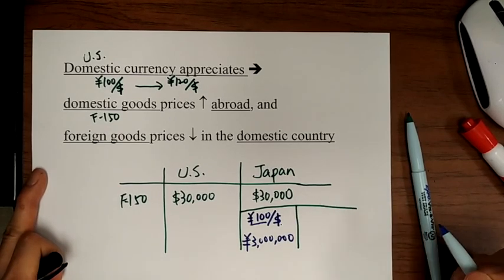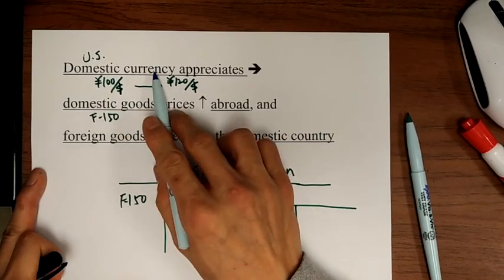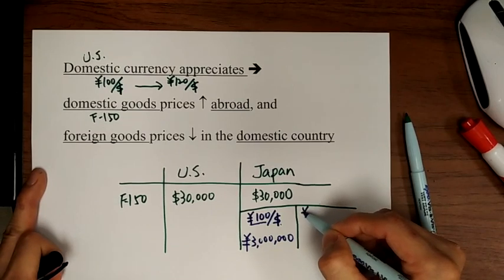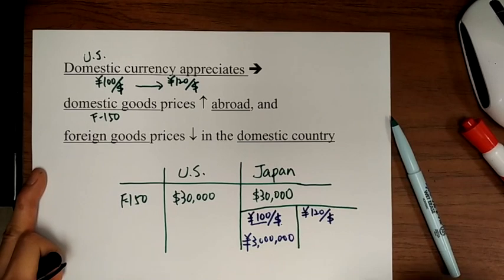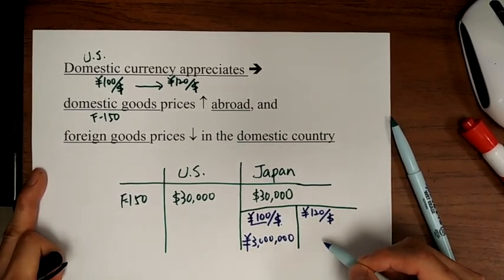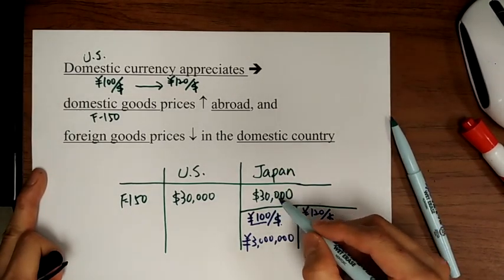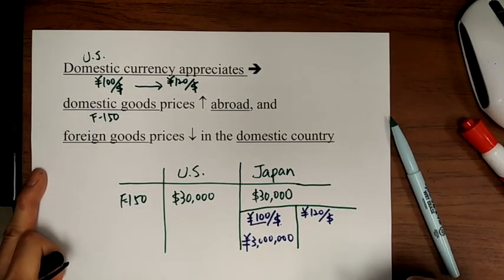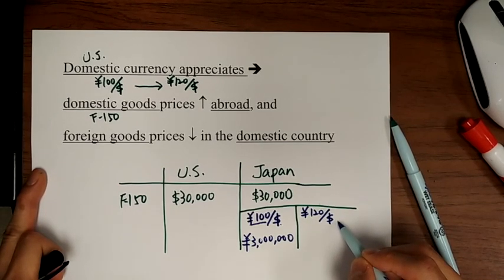But now, if exchange rate goes up, US dollar appreciates against Japanese yen, and the exchange rate becomes 120 yens per dollar. Now, how many yens does a Japanese need to buy $30,000 so that they can buy this F-150? They use 120 yens to buy a dollar.